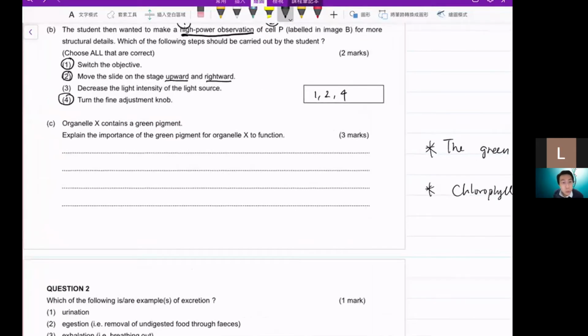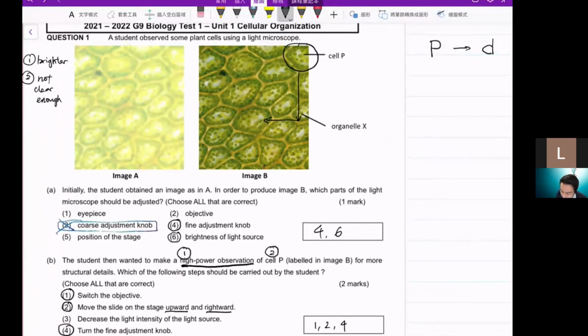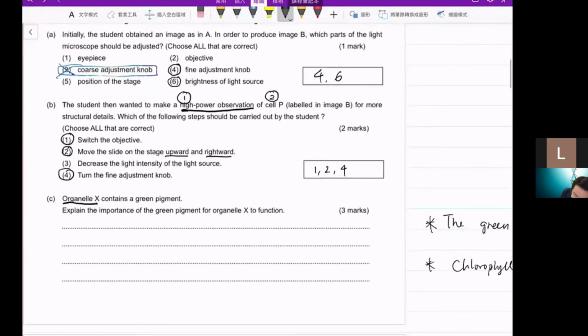For question 1C, okay, organelle X contains a green pigment. Okay, first, organelle X is chloroplast.